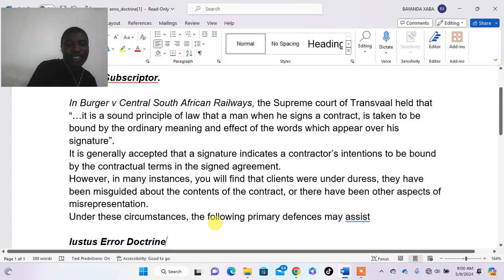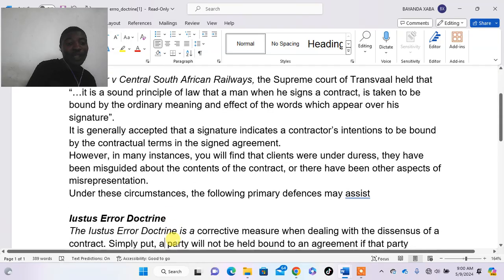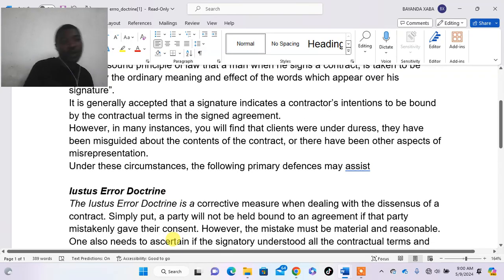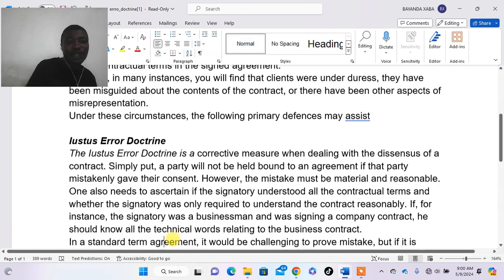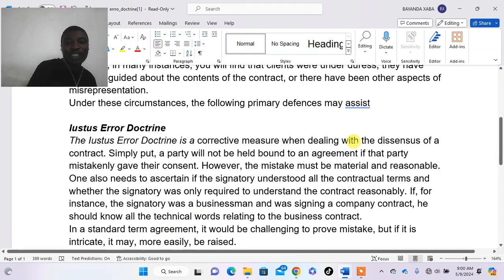Under these circumstances, the following primary defense may assist, and now we are talking about the iustus error doctrine. The iustus error doctrine is a corrective measure when dealing with dissent in a contract. Simply put, a party will not be held bound to an agreement if that party mistakenly gave their consent.